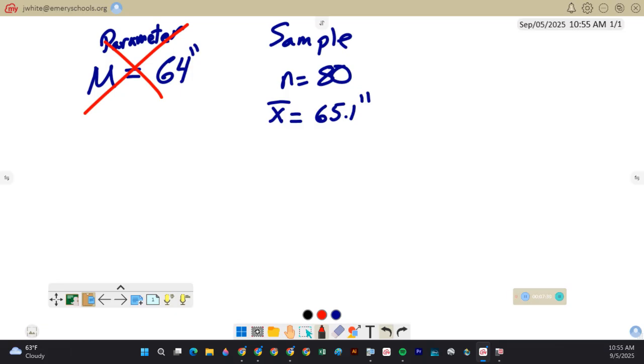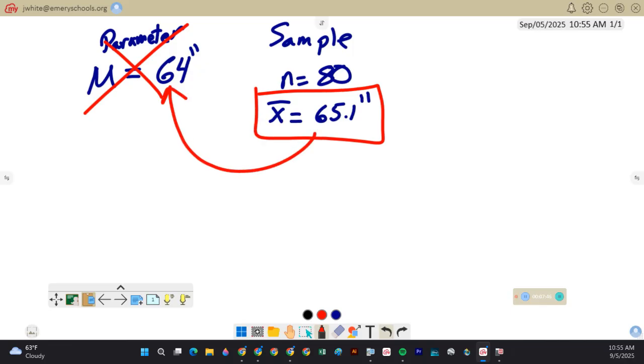Because a statistician's job is taking this number to predict what that number is. And that's a statistic. A statistic is a value that you use from a sample to predict what the parameter actually is.